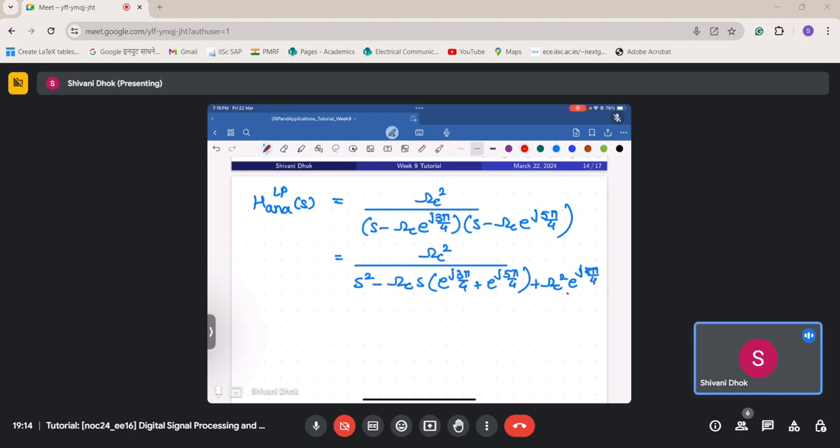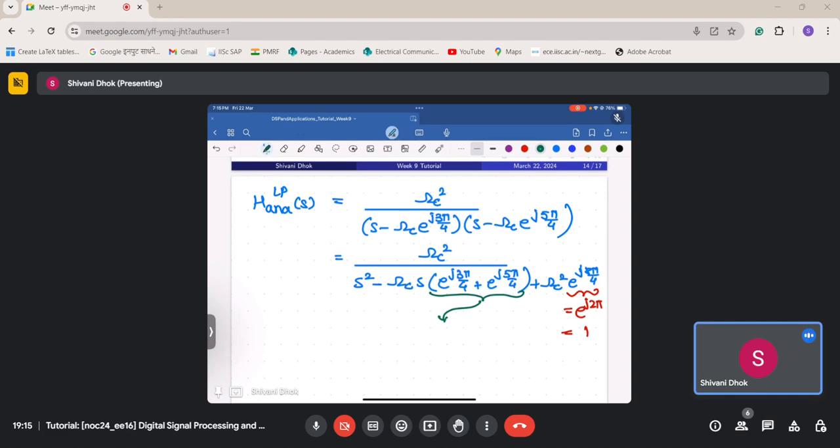This last term is e power j 2 pi, an even integer multiple of pi raised to e power j, so it comes out to be 1.